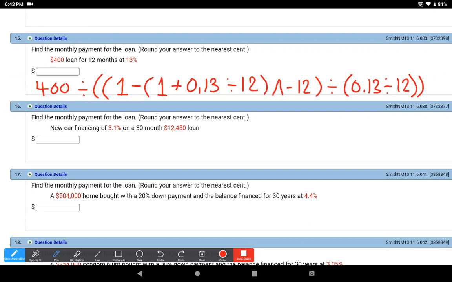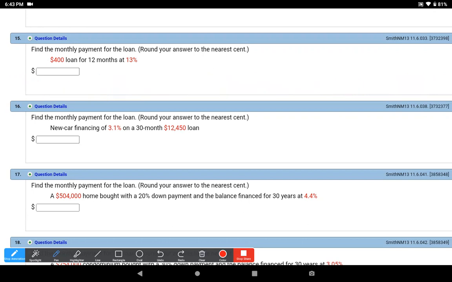Okay, yeah. Let me clear this. I don't have an eraser on it, so I cleared it anyway. Find the monthly payment for a loan for 12 months. I mean, I got an answer. It's just not the one I'm expecting. I'm not really sure what I did wrong on this one. Let's see if I go slower.